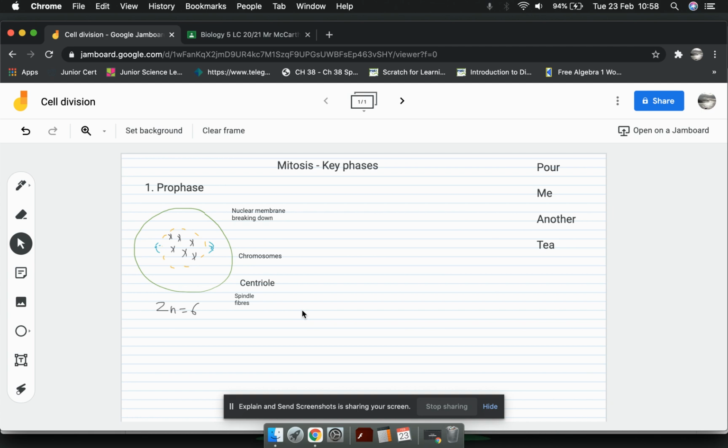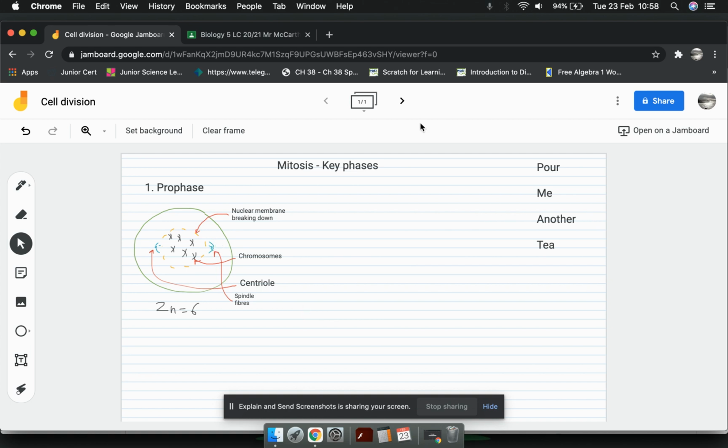One common mistake at Leaving Cert level is people don't draw their arrows directly on top of the part that they're describing, so make sure that you accurately draw it in. I'll draw that to the centriole, and the spindle fibers here would be fine. So that is prophase.